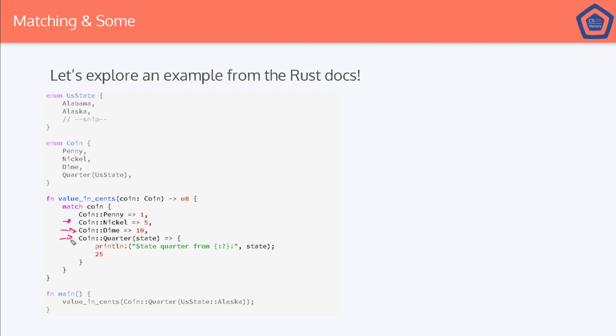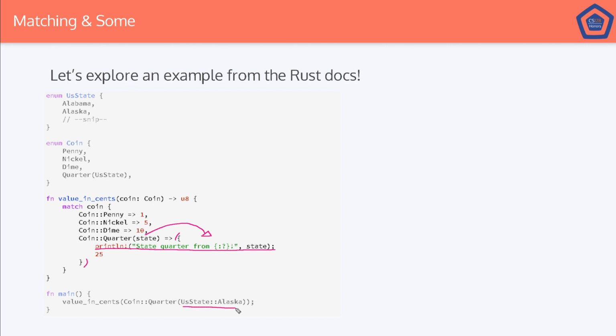The situation for quarter is slightly different. In this case, instead of a 1-line situation, we need to give it 2 lines, and so we do use the curly braces. And additionally, we're passing some parameter into here. Once again, you can think of these curly braces as a function in a way, and we're passing this state parameter into this function. And so we'll print the state that the quarter is tied to.